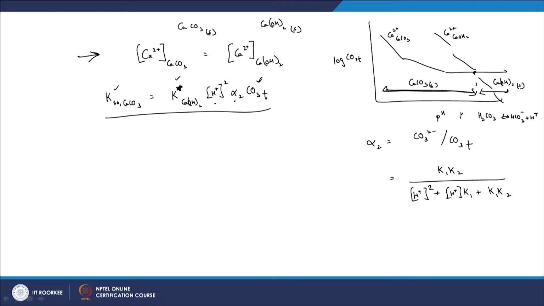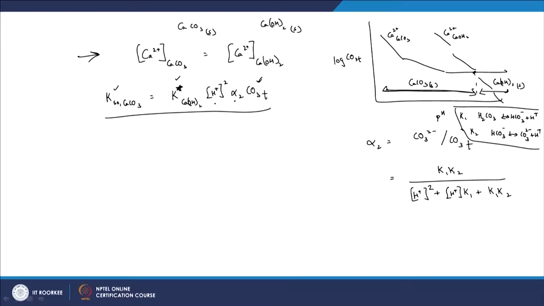K1 would be for this equation, and K2 would be for the second acid dissociation equation, HCO3- in equilibrium with CO3 2- and H+. We are just trying to refresh our memories. These are aspects that we have covered in great detail in our acid and base process. So, we know that alpha 2 is going to be this particular case.